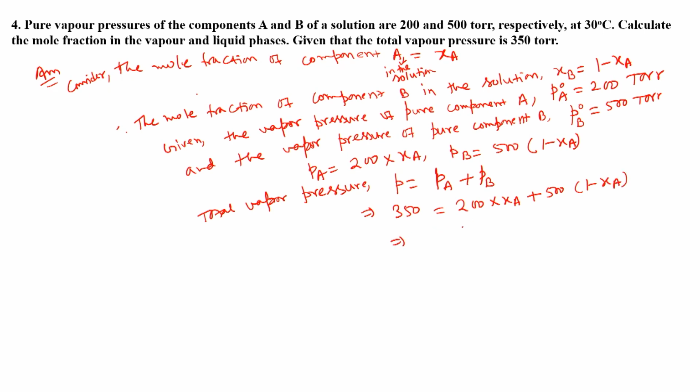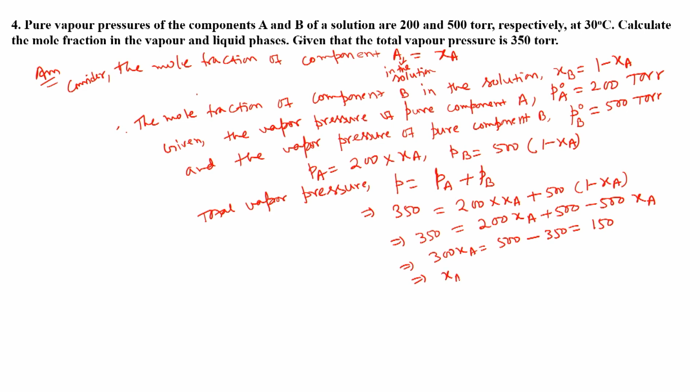Okay, so if we simplify this, we get 350 is 200 XA plus 500 minus 500 XA, right. So, we get 300 XA is 500 minus 350, which gives you 150.